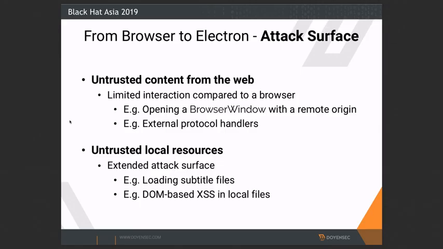It's, for example, discouraged to open a browser window with a remote origin. All the guidelines will recommend you to load local resources. On the other side, there are new things that become part of a possible attack surface, for example, local resources. You can load resources of any kind from the system, and that would be part of the threat model.